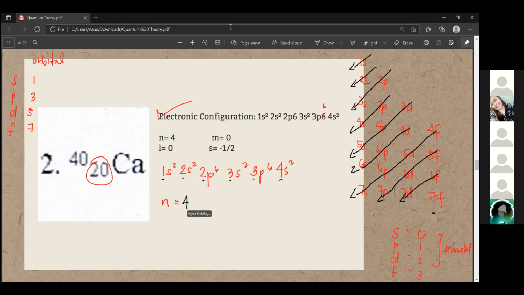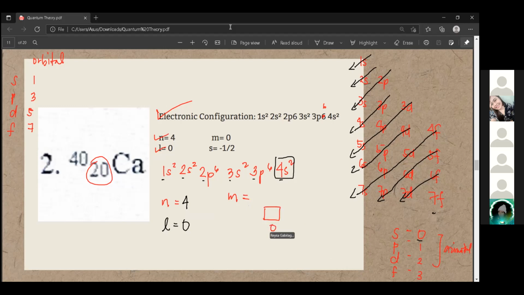Now for the angular quantum number, the ending, let's start with the ending here. It's S, and S is 0. So this is automatically 0. So both of your answers here are correct. Now, what's next? For the magnetic quantum number, the S class only has 1 orbital, and this is automatically 0.